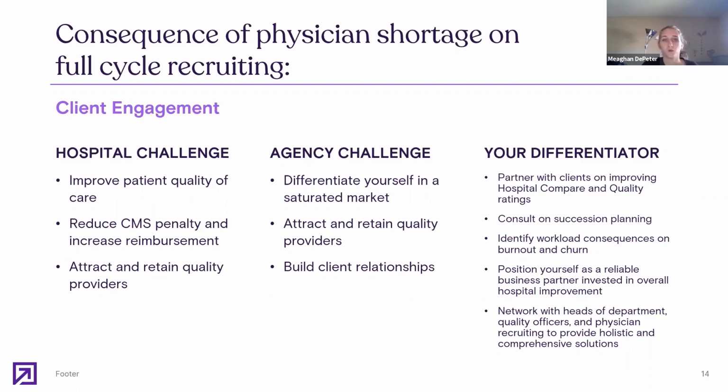Since those improvement scores have fiscal adjustments tied to them, these are discussion points that make key decision makers listen. This enables you, by using our executive data, to find a network of heads of departments, quality officers, and physician recruiters to provide holistic and comprehensive solutions.